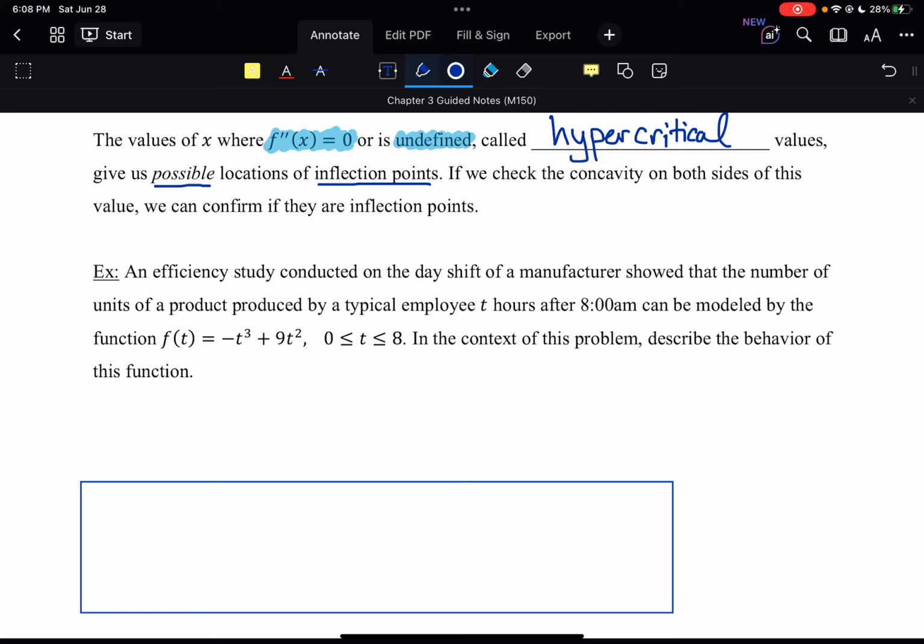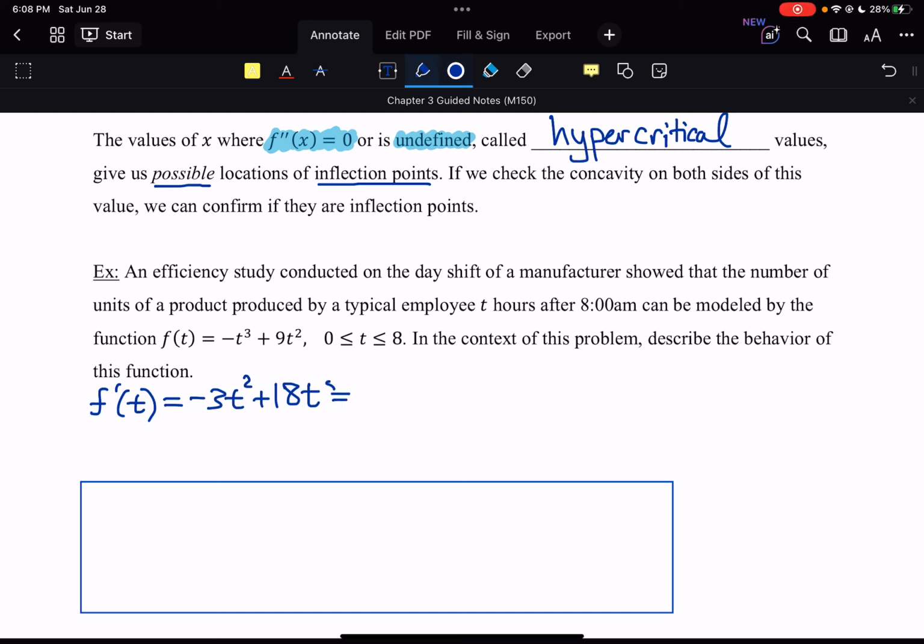Okay, so this function is telling us the number of units produced by an employee, right? So the higher the number that we get from this, the higher their productivity level is. We're going to look at some rates of change here. We're going to look at some derivatives. So we're going to take f prime of t, so that's negative 3t squared plus 18t.